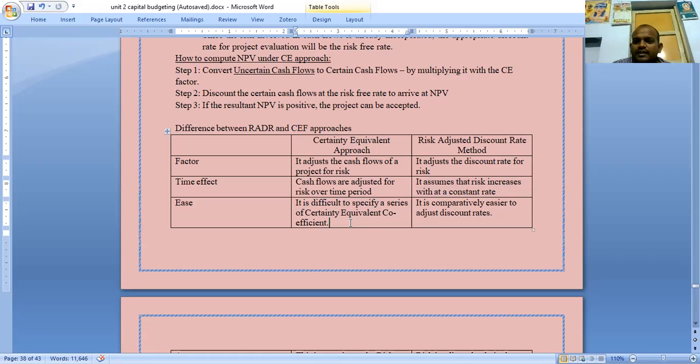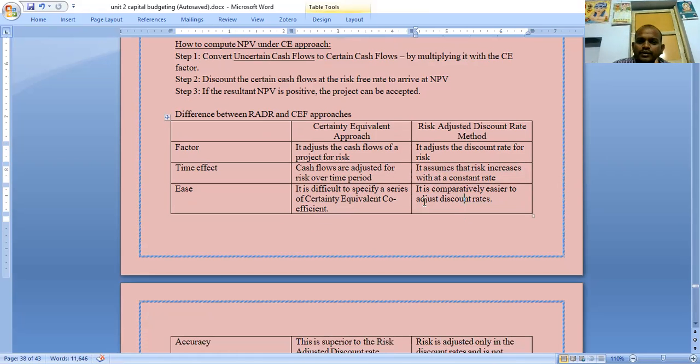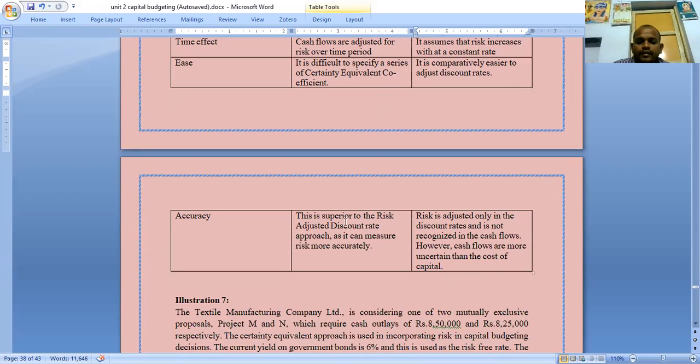It is very difficult, so the confirmation of cash flows is very difficult. It is comparatively easier to adjust the discount rate. So when compared to the certainty equivalent approach, it is easier to adjust the discount rate.